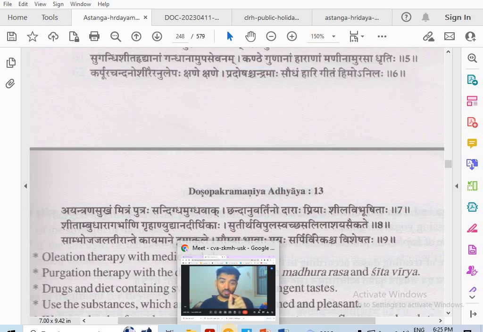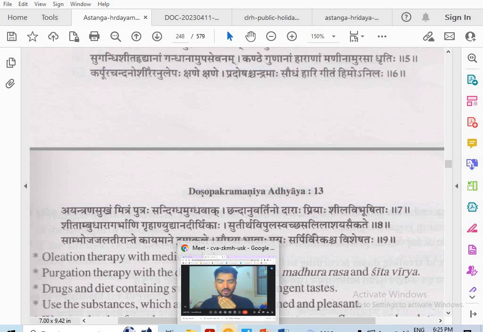Then putraha also, just passing the time or having the company of a putra, means son. Which type of son? Then they said sandigdha mugdha vak. Sandigdha, you can say as rhythmic, and mugdha means innocent. Vak means speech.